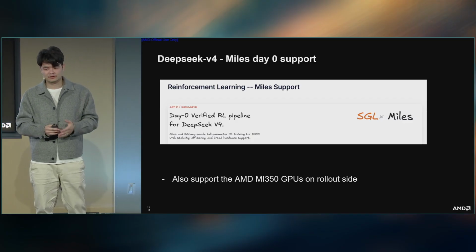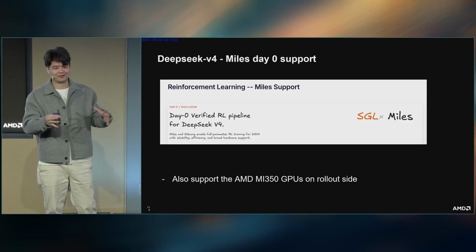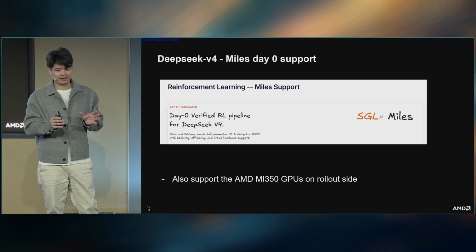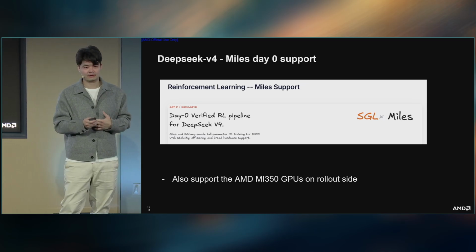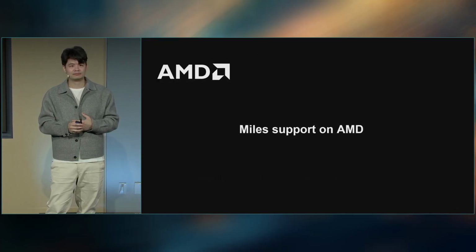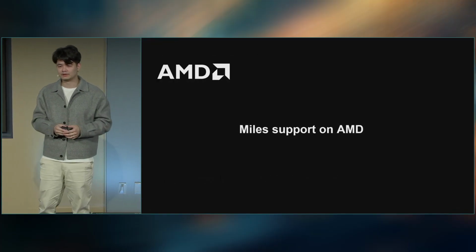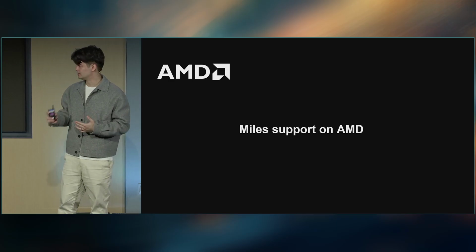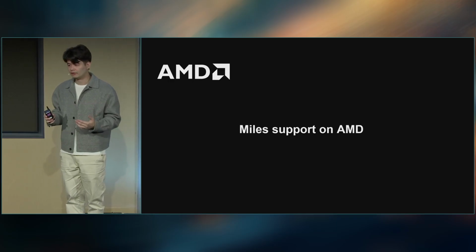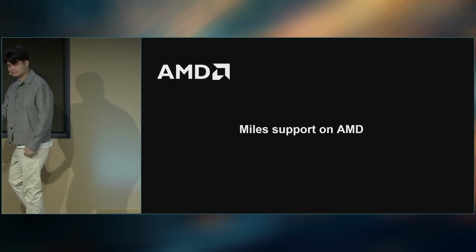We also support the rollout part on the MI300 AMD GPU on day 0. So this is the general idea of Miles, and regarding the AMD support, these will give more examples. Thank you so much, Yusheng.